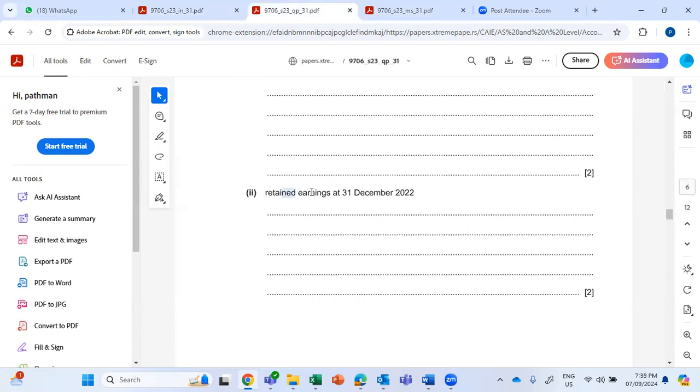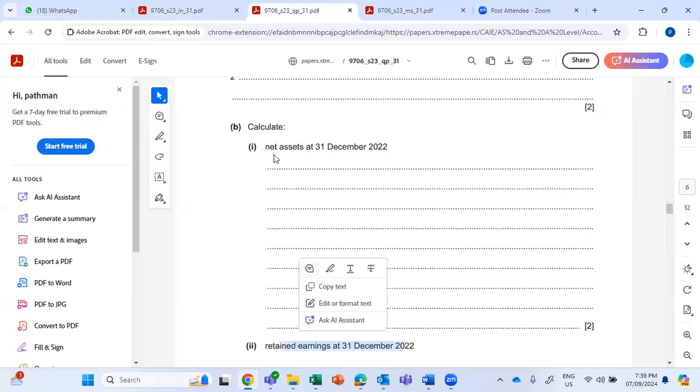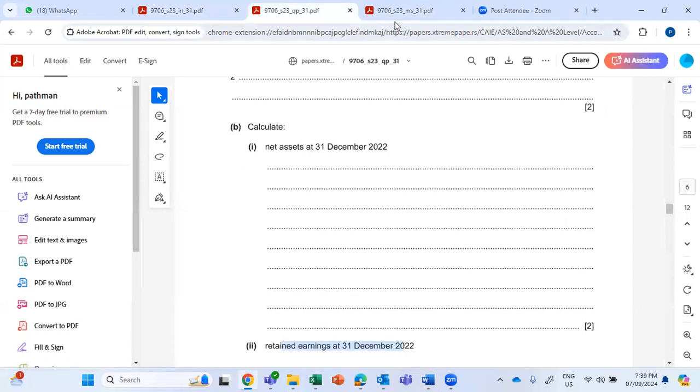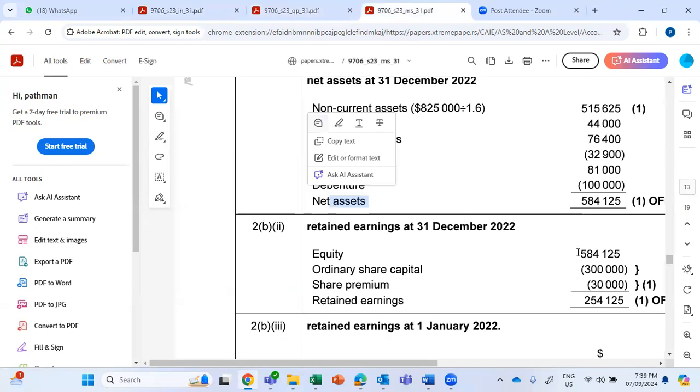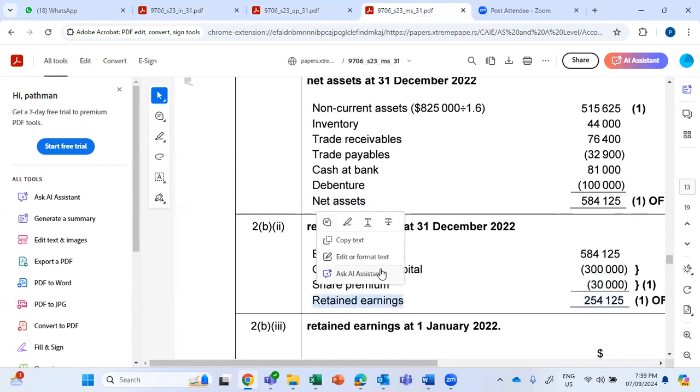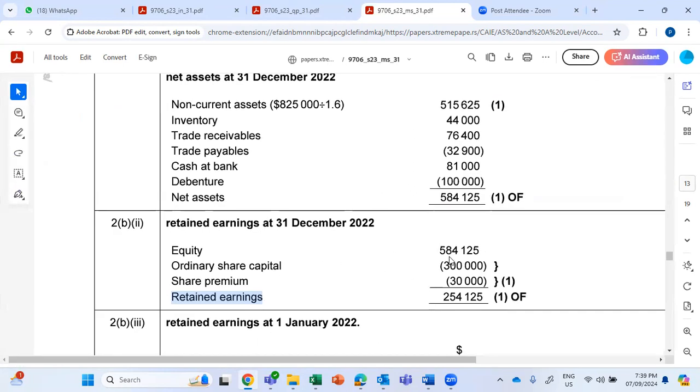In the next section, we are asked to calculate the retained earnings. Okay, so now we just calculated the net assets, which is equity. So how do you get retained earnings? The net asset, also known as equity, minus the capital and minus all the reserves that are there. So the balancing figure is retained earnings. Okay, let's see. So the equity figure, following what we got from here, okay, minus ordinary share capital.